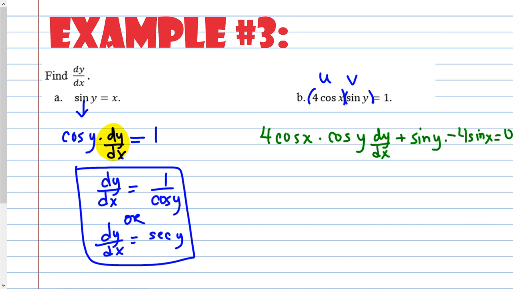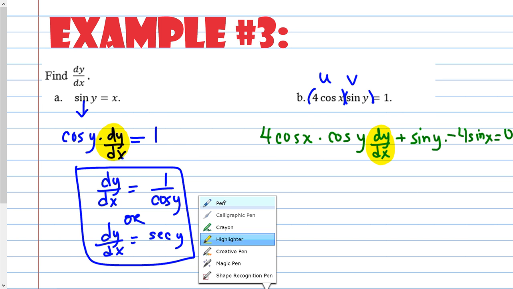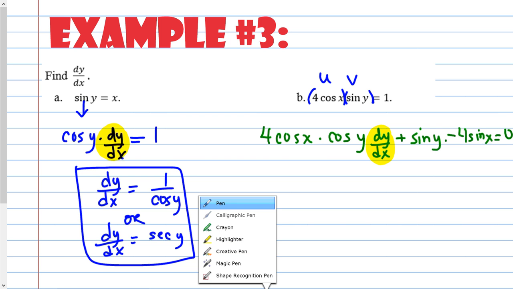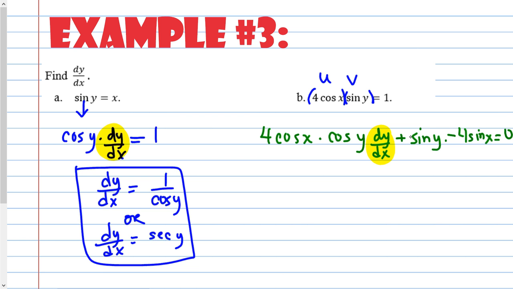We're now looking for anything with a dy dx so that we can isolate it. This is the only thing, so everything else just gets moved around. This part is being added, so we can subtract it.